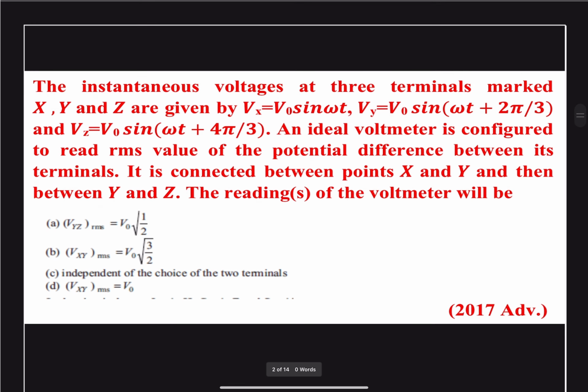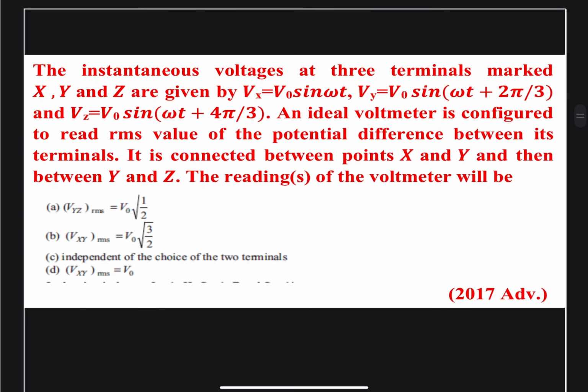Now we come to the next, which was also asked in 2017 Advanced, and in this case it was given that the instantaneous voltages at the three terminals marked X, Y, Z are given by Vx, Vy and Vz, and it is governed by the equation that Vx is equal to V0 sin omega t, Vy is equal to V0 sin(omega t plus 2 pi by 3), and Vz is equal to V0 sin(omega t plus 4 pi by 3).